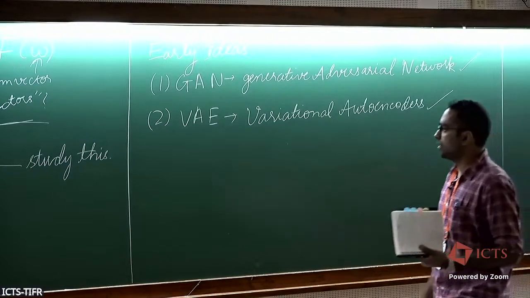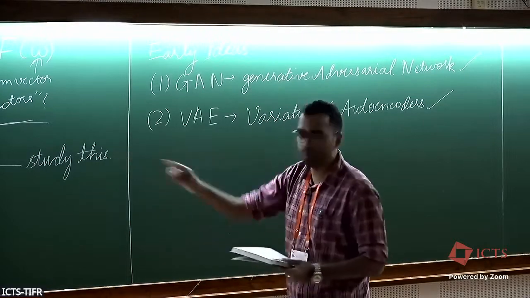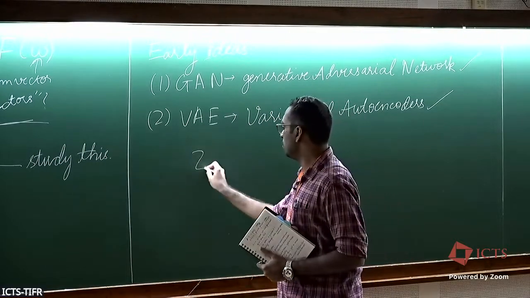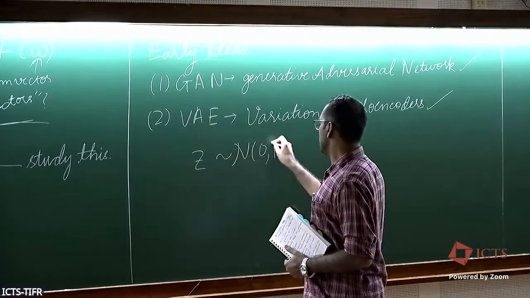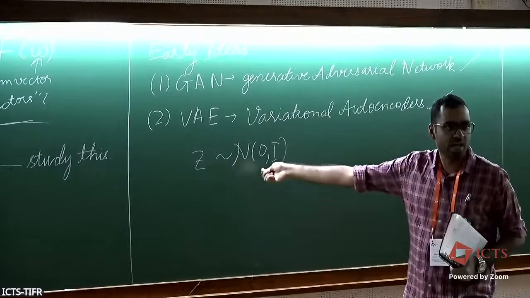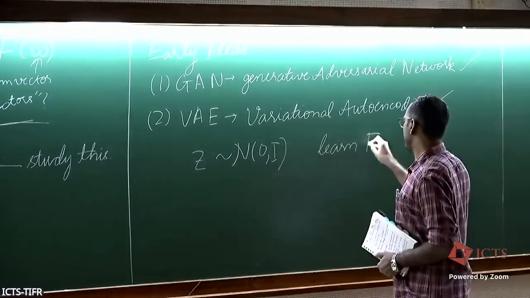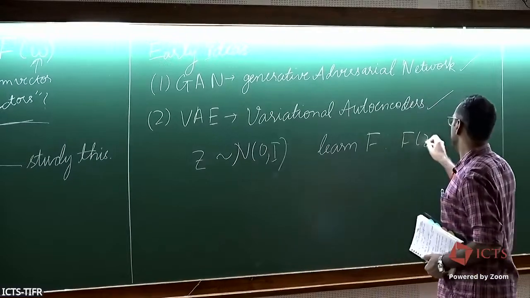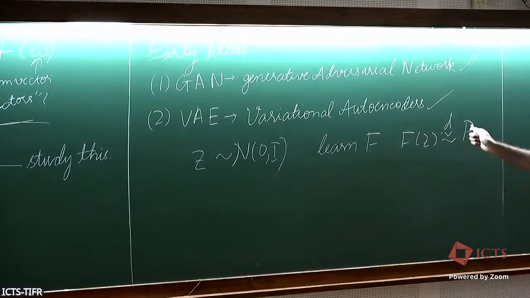Okay, but so both of these take this viewpoint. They'll say, okay, I'll give you Z, which is a standard normal random vector, and I'll learn f such that f of Z has the distribution approximately equal to p, which is my target distribution. Okay.